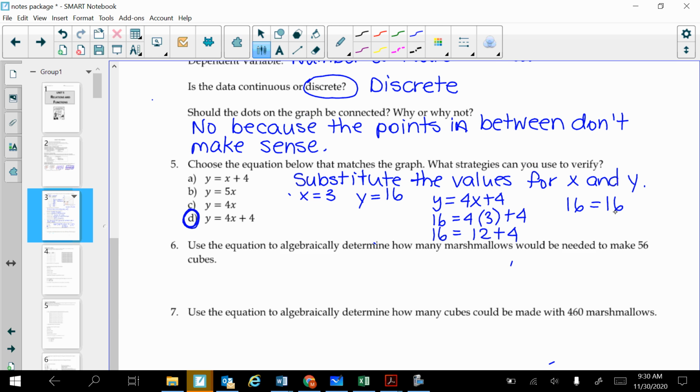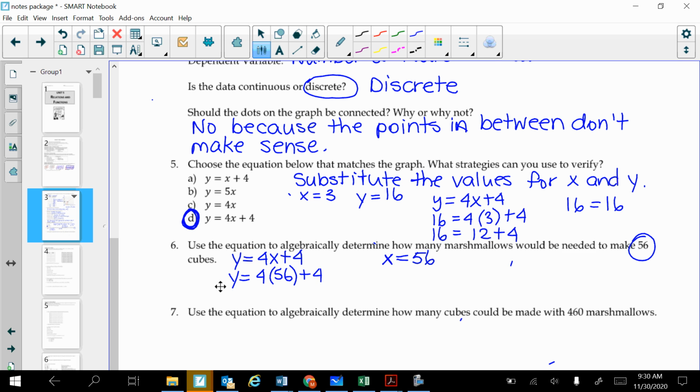Now, use the equation to algebraically determine how many marshmallows would be needed to make 56 cubes. We know that we have to use this equation, y equals 4x plus 4. Now, we have to decide what this 56 means. The 56 is the number of cubes, so x is equal to 56. We need to know how many marshmallows we're going to need. So y equals 4 times 56 plus 4.